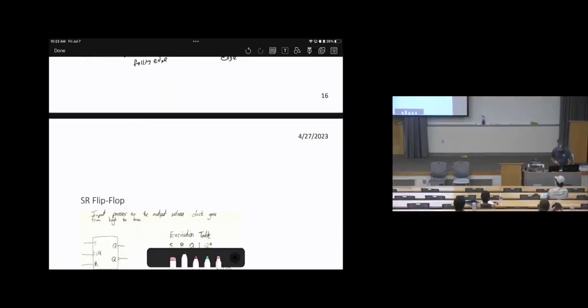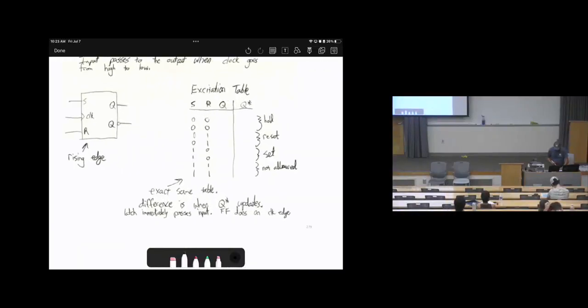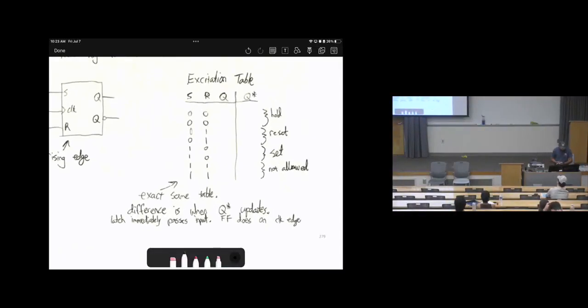So if we need to draw the excitation table here, if S equals 0 and R equals 0, then it will be in the hold state. S equals 0, R equals 1, we will be in reset. S equals 1, R equals 0 will be in set. Both of them ones is not allowed, a forbidden state.